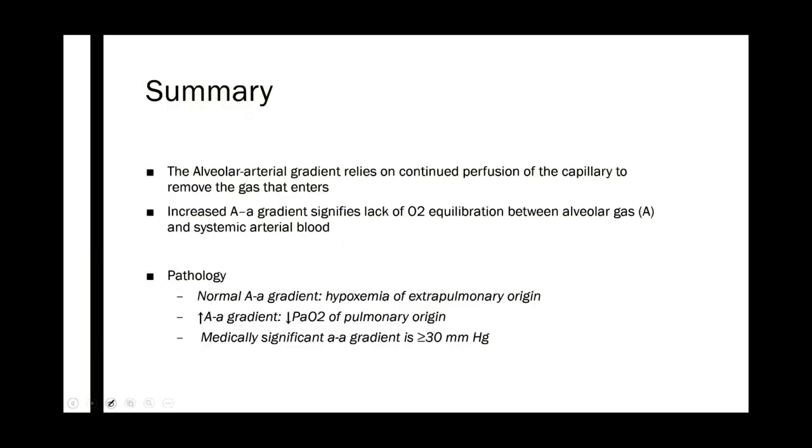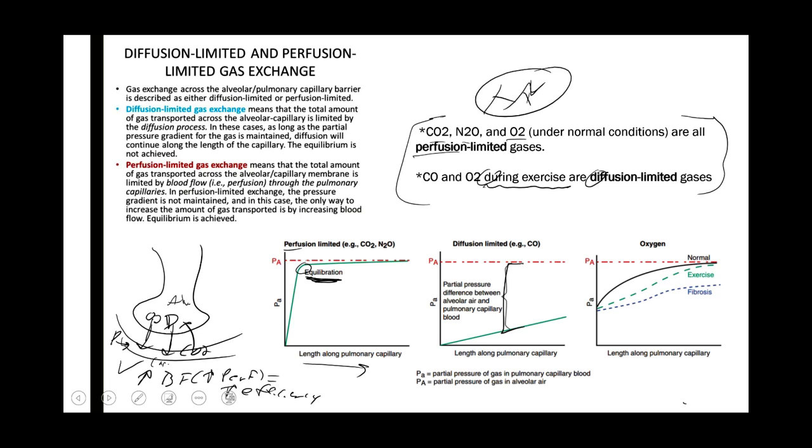Okay, so let's take carbon monoxide for example. As long as the gradient is maintained for carbon monoxide to go from the lungs into the bloodstream, it will continue doing that pretty much forever, theoretically.